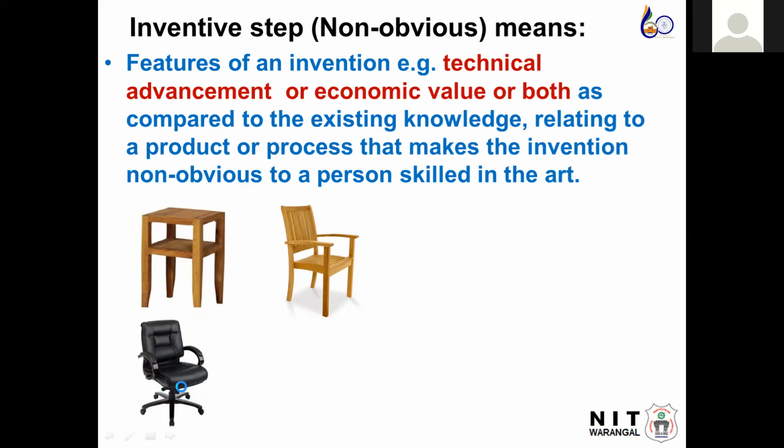So by sitting itself, he can move from this corner to that corner of the room. And it is more technically advanced, as well as more comfort is there, more value also. This chair again, you can sell it for maybe 5,000 rupees, not less than that.